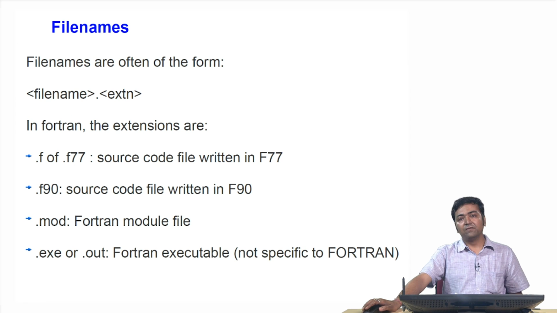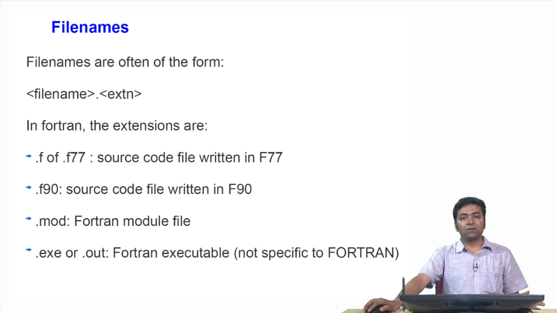Before I go further in the remaining part of the lecture, there is another thing I would like to mention. In Fortran, typically the files are named with a file name and then an extension. The typical extension of a Fortran program is .f or .f77 if you are writing it with a Fortran 77 compiler, or .f90 if you are writing it with an F90 compiler.